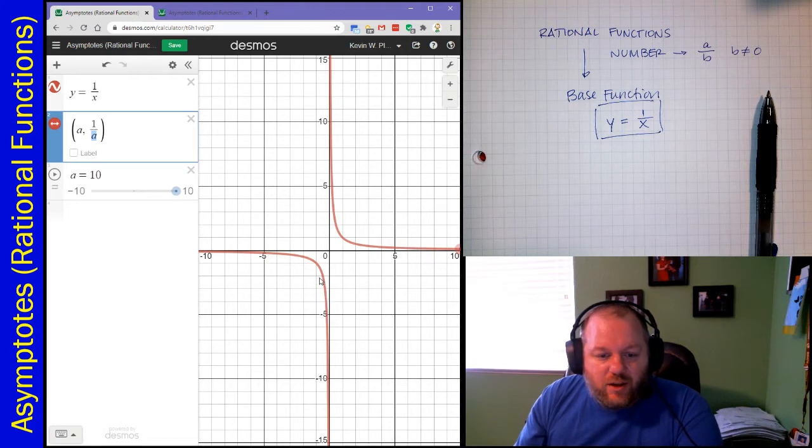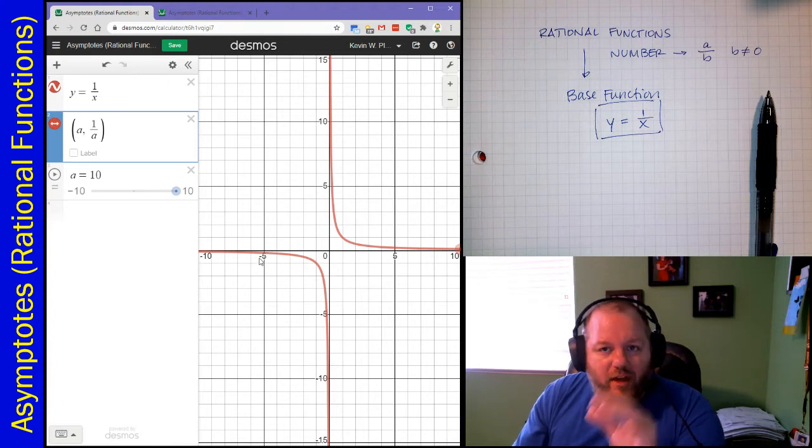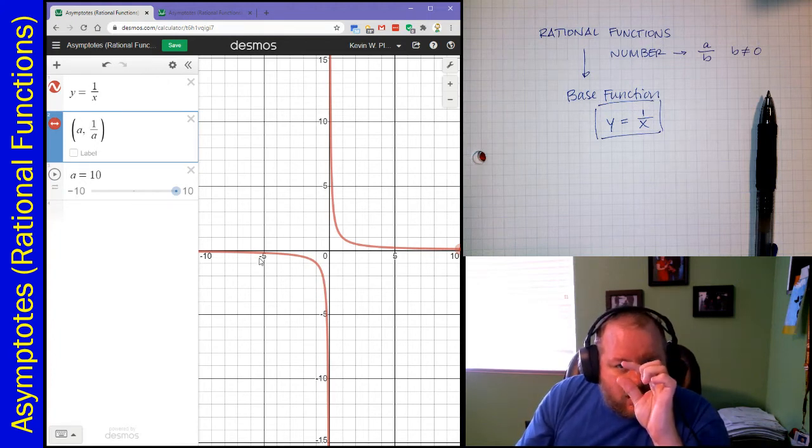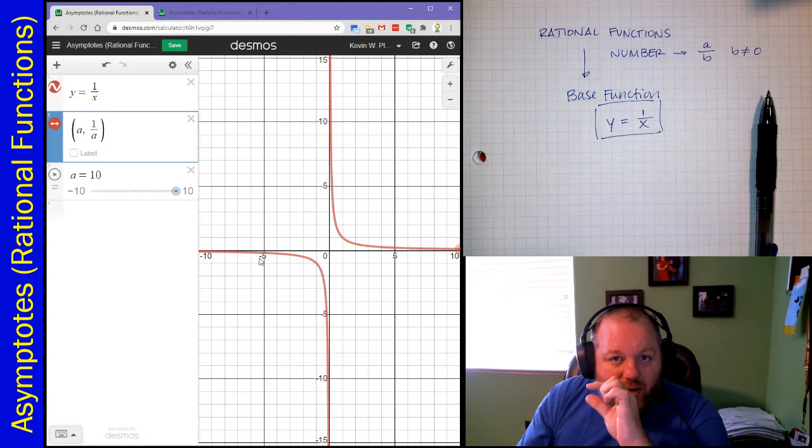And then the same thing for negative infinity, because if our x values are negative, we're going to have 1 divided by a negative number, which is going to be negative. And as the x number gets more and more negative, that fraction is going to get closer and closer to 0. Now it's going to be a negative really close to 0, which is why it's on the bottom side of this line.